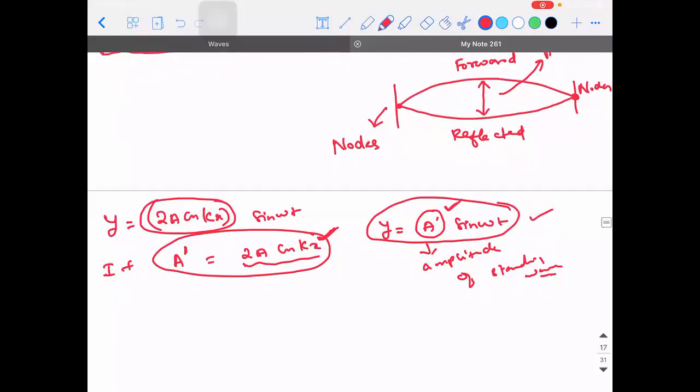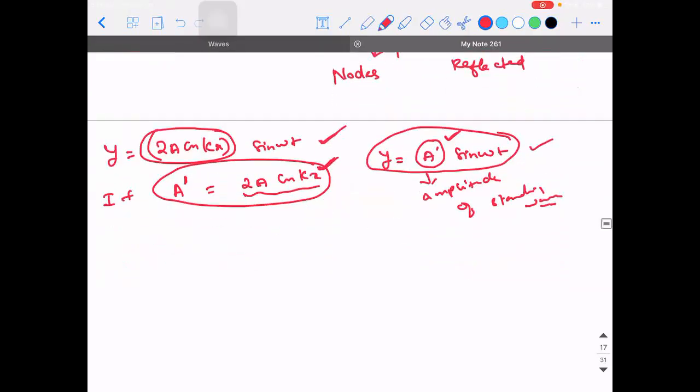The equation of the standing wave is still 2a cos kx into sine omega t. I'm just trying to explain the difference between simple harmonic motion and a standing wave. If you take it as an example, then a dash is the amplitude of the standing wave.